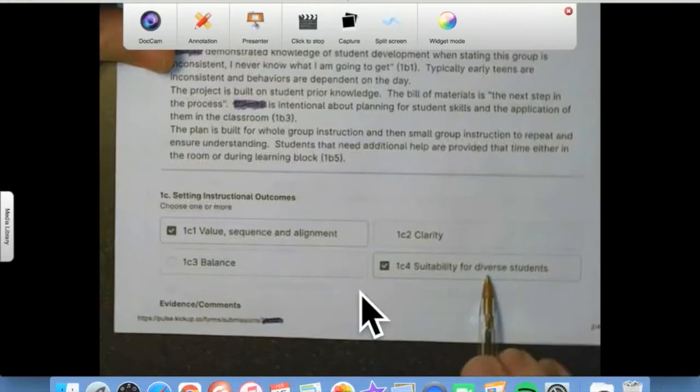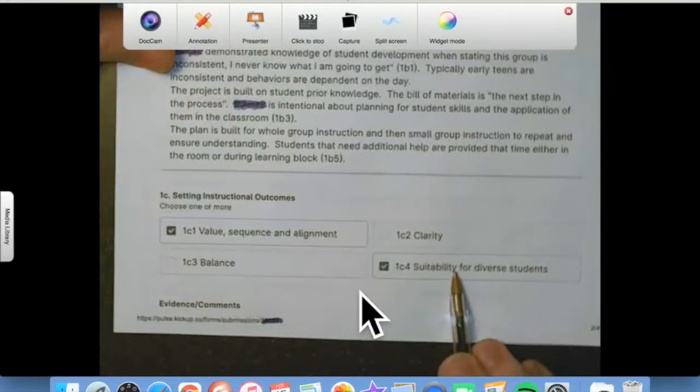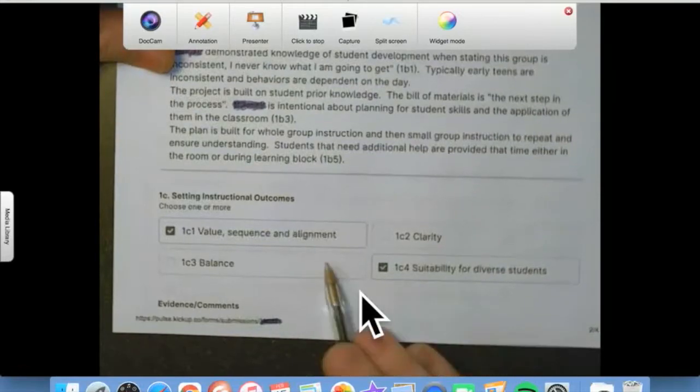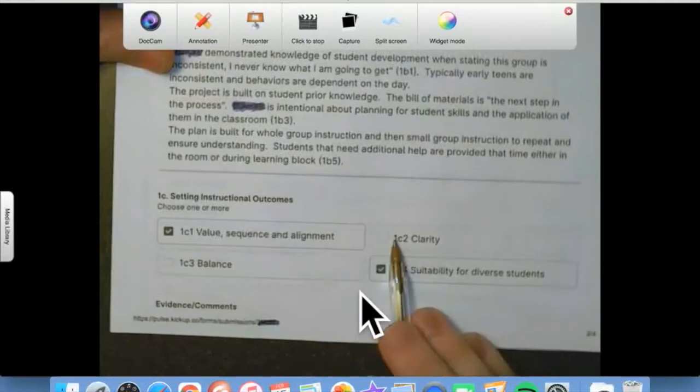We talked about that because I talked about the 504s, IEPs, extra needs that people had. Clarity and balance weren't really discussed, so those did not get checked off.